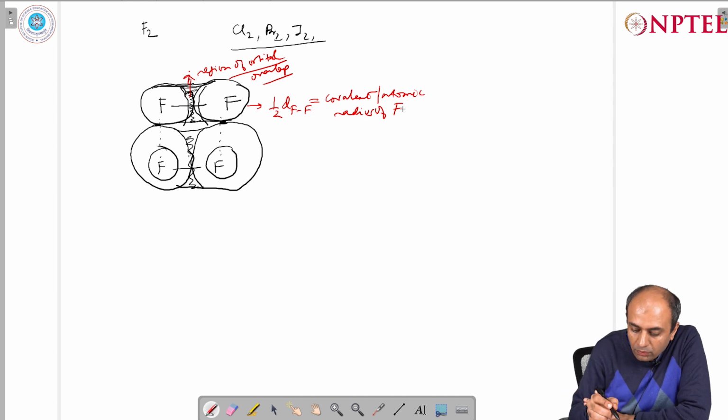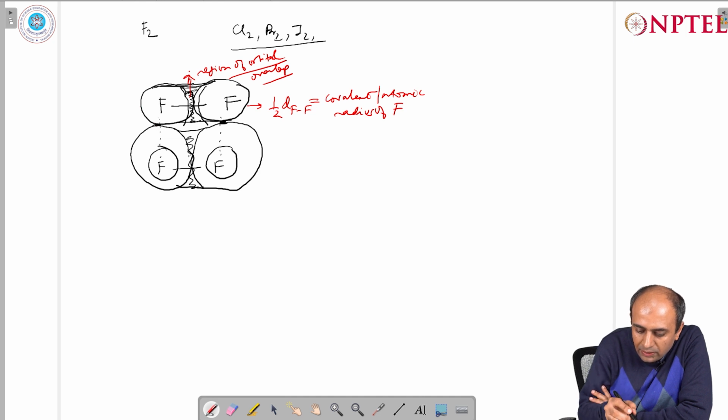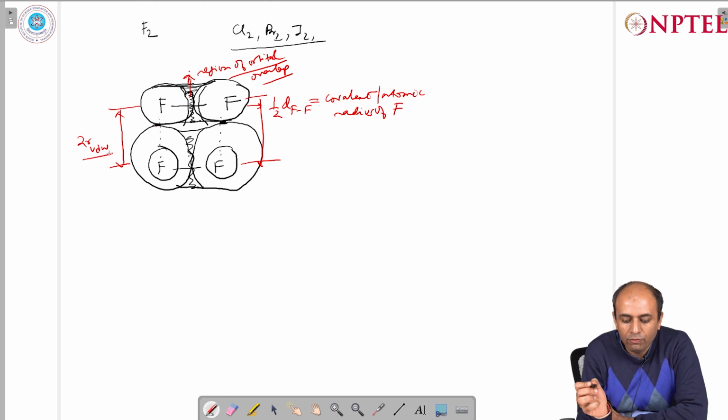Now this particular situation is when the two fluorine atoms touch each other, and this separation is now twice the van der Waals radius of fluorine.